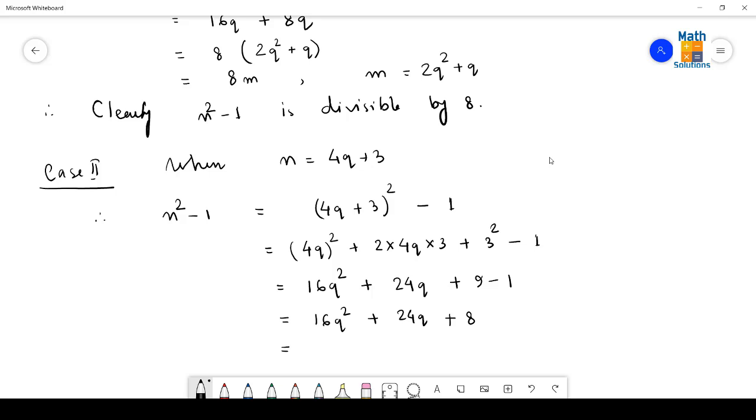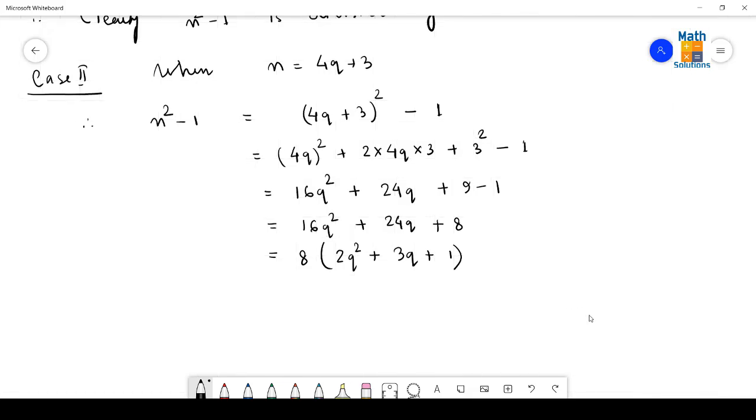So can I take 8 common from all these three parts? I can write 8 times 2q square plus 3q plus 1, which gives us the form 8m, where m is equal to 2q square plus 3q plus 1.